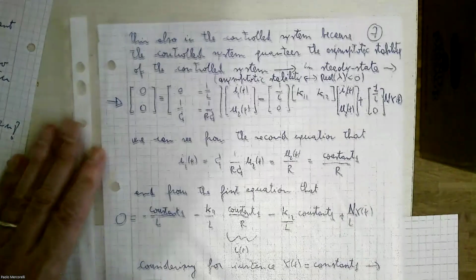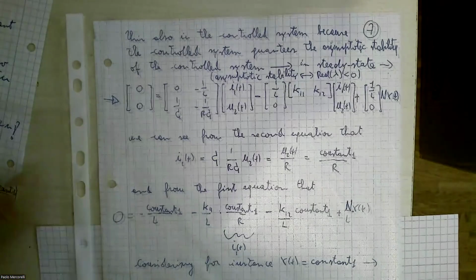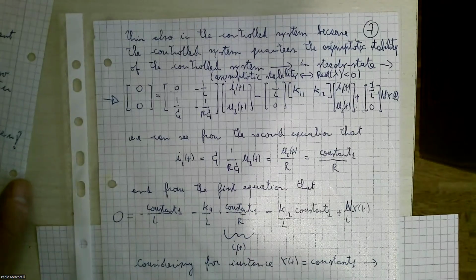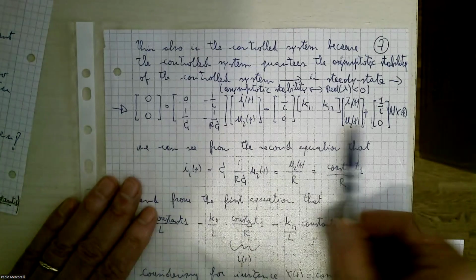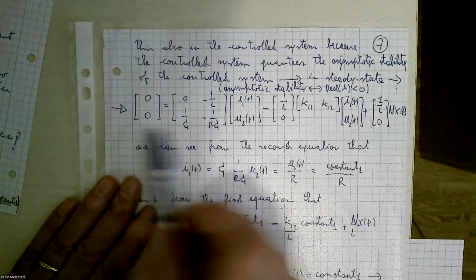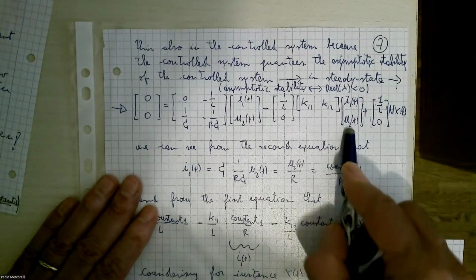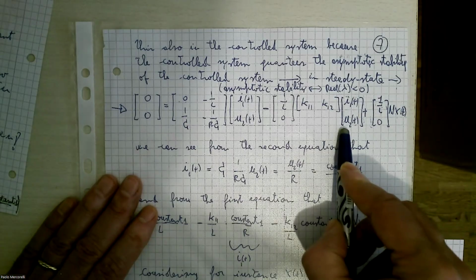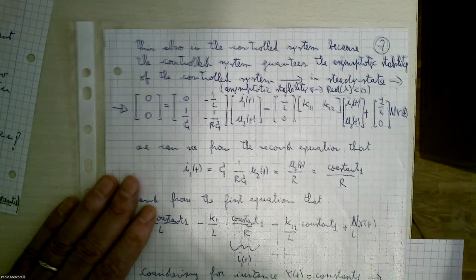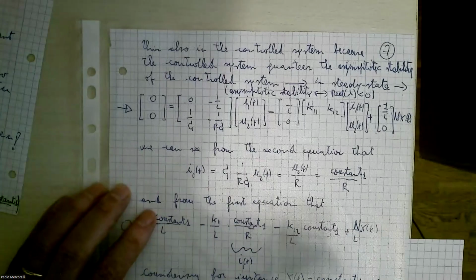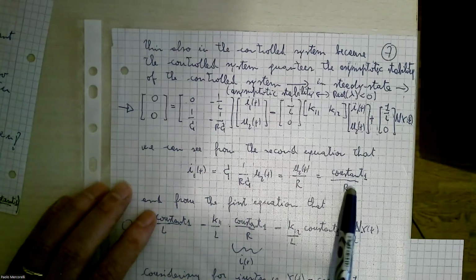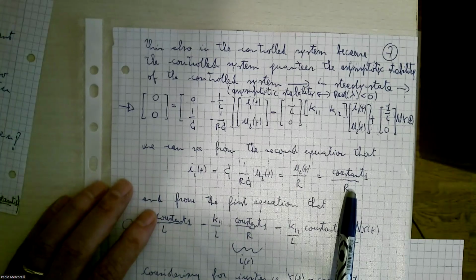How can I demonstrate this? It's easy. If you look at the equation number 2, the second line, in which U2 is a constant 1, let me show you directly.